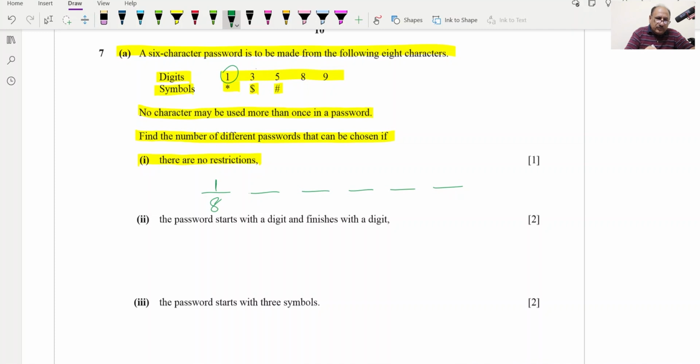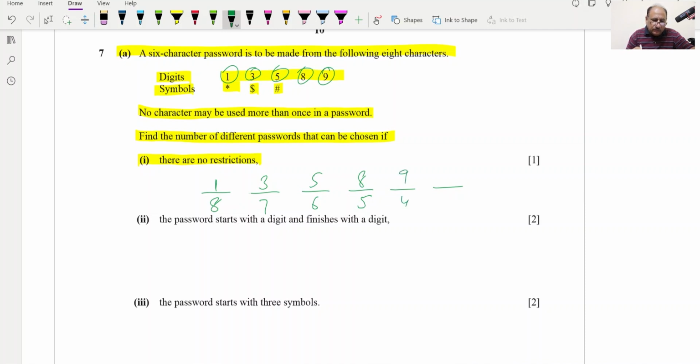For the next we can take 3, so 3 will have 7 options. 5 will have 6 options. Next we can take 8, so 8 will have 5 options, and 9 will have 4 options.